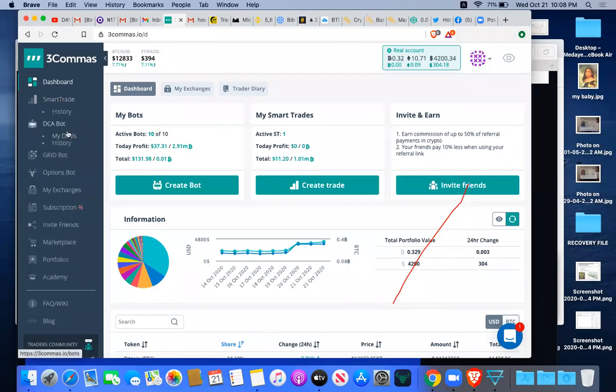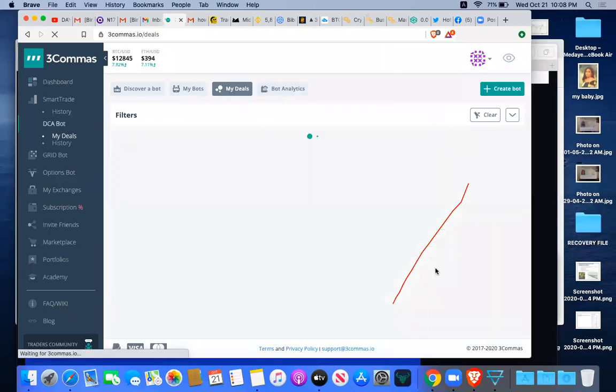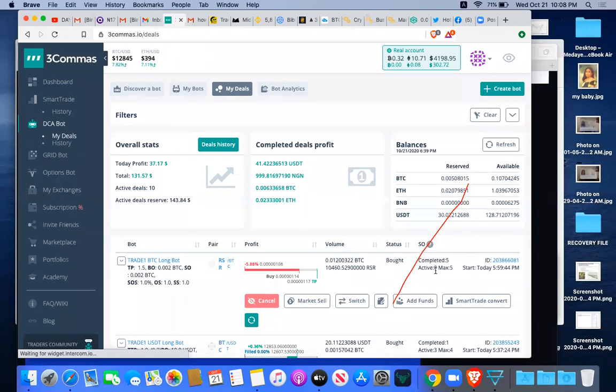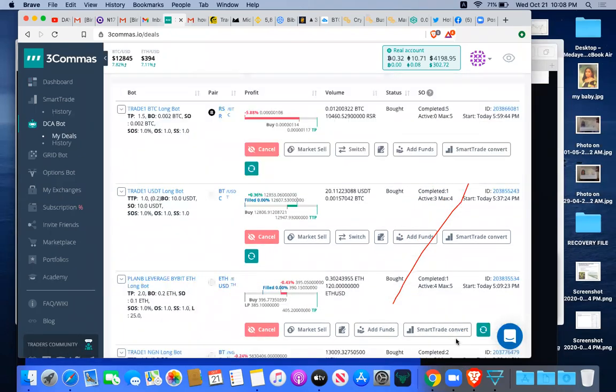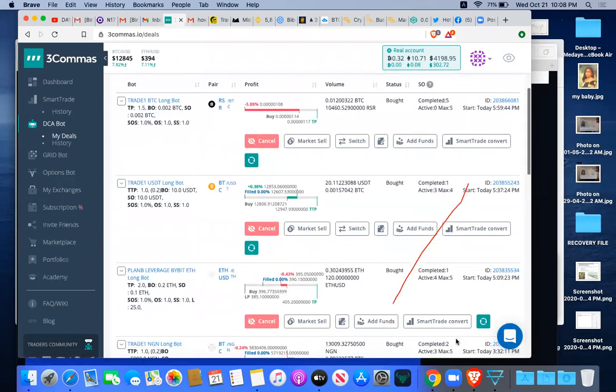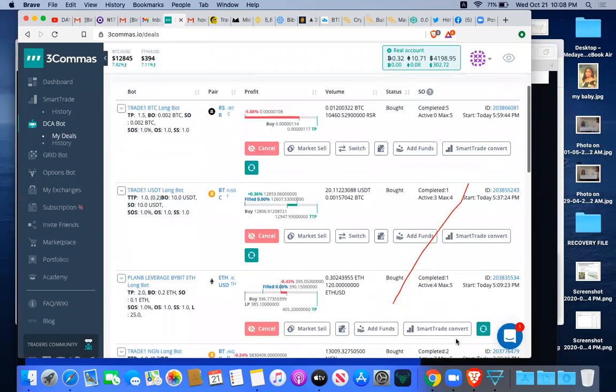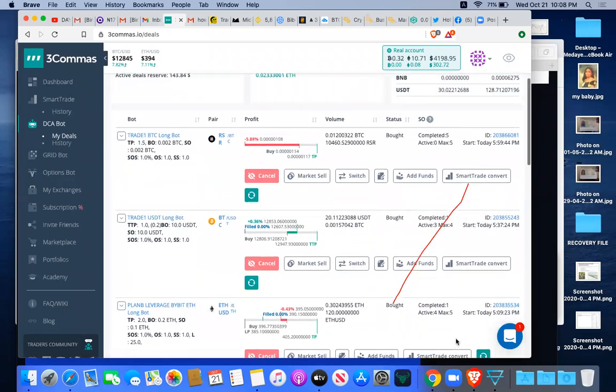At any time you wish, you can come back. I can stop the bot, right? I can turn off the bot if I like. I'll come back and check my deal and say, okay, I don't want the bot to be working again. I can turn it off. Later, resume the bot back again.